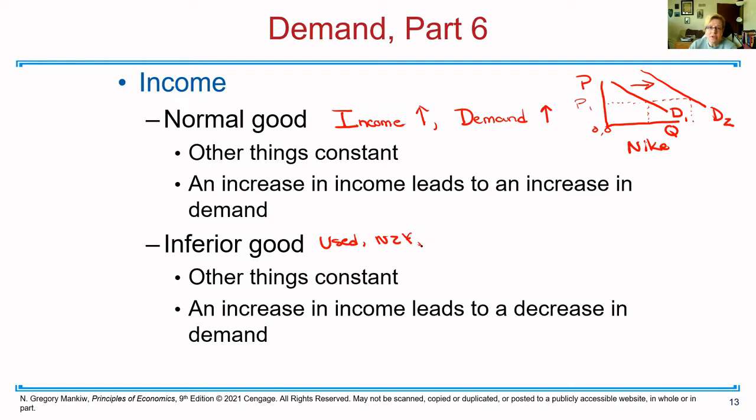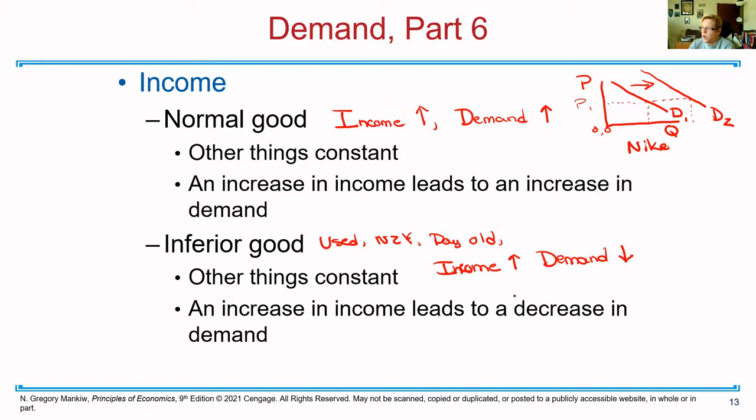Those would be inferior because they are not what we would dictate as normal. Might be day old. So inferior goods. Now, what happens here is the opposite effect. If your income goes up, you want less of those. Income goes up, the demand for those types of goods goes down.